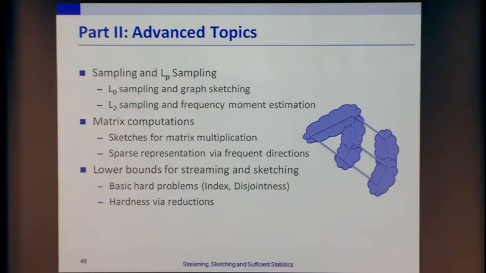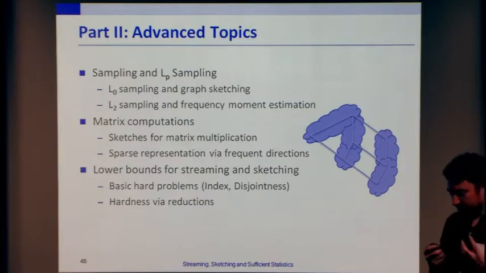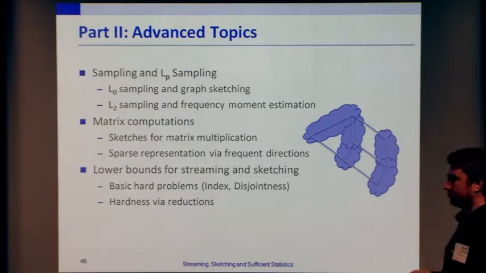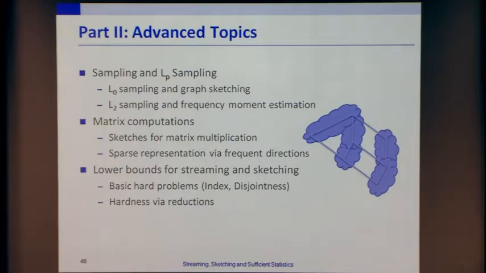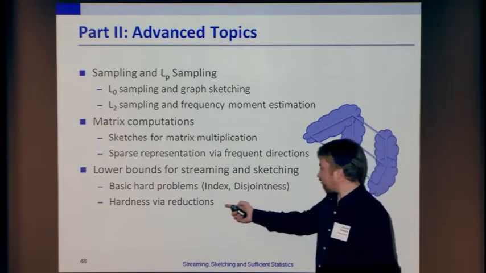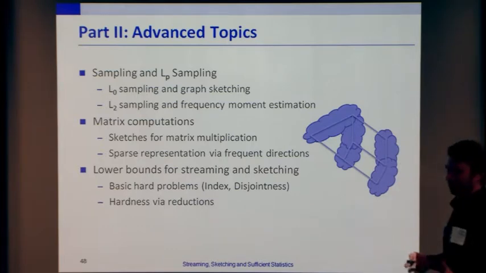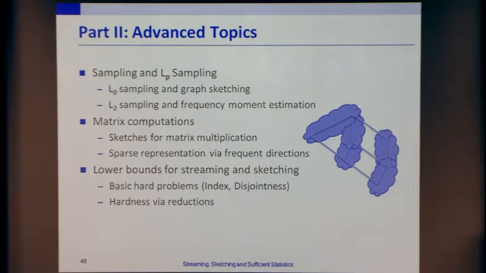So these actually tell us what's the smallest that our sketch summary can possibly be for a variety of problems. And it's also nice computationally because it brings us back to the idea of reductions between problems. You put a lot of effort into proving one problem hard, but then that gives you a lot of power because you can then show a lot of other problems hard by reduction.